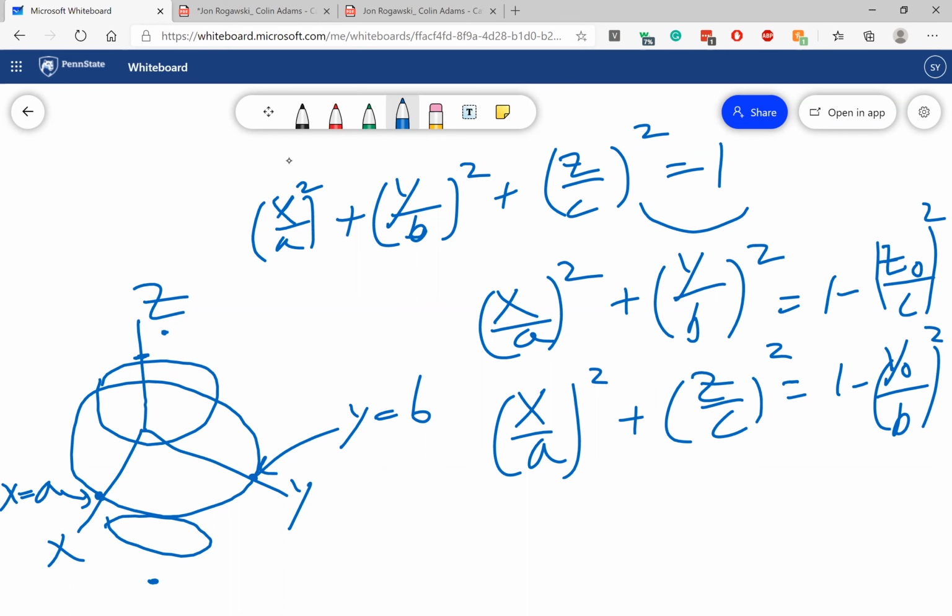But okay, if we write something out like this, we're now doing the exact same thing, but now in the xz plane. So here's x, here's z, that's the plane. We're going to have one ellipse, and it's going to hit the x-axis at A, same place as before, and it's going to hit the z-axis at C. So this over here is z equal to c.